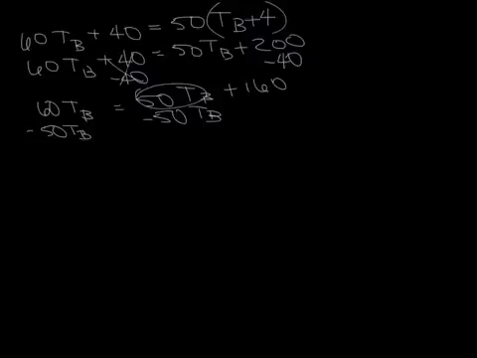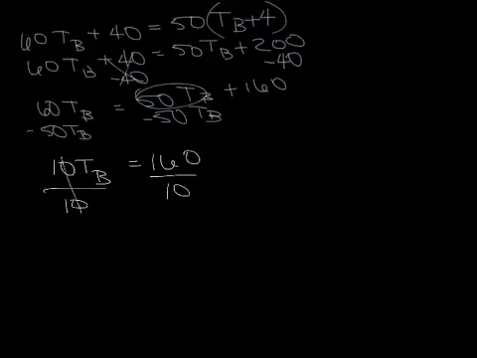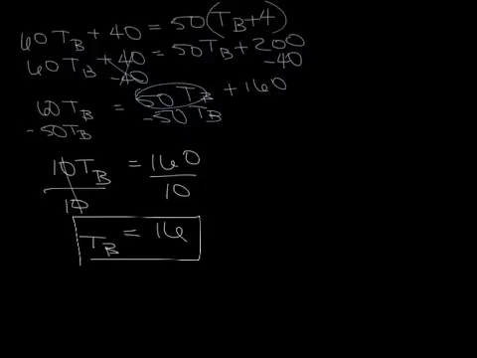I was just subtracting 50 from both sides and I moved everything up. So that leaves me 10 TB equals 160. And what we found there is the time that Beauregard was going when he was 40 kilometers away.